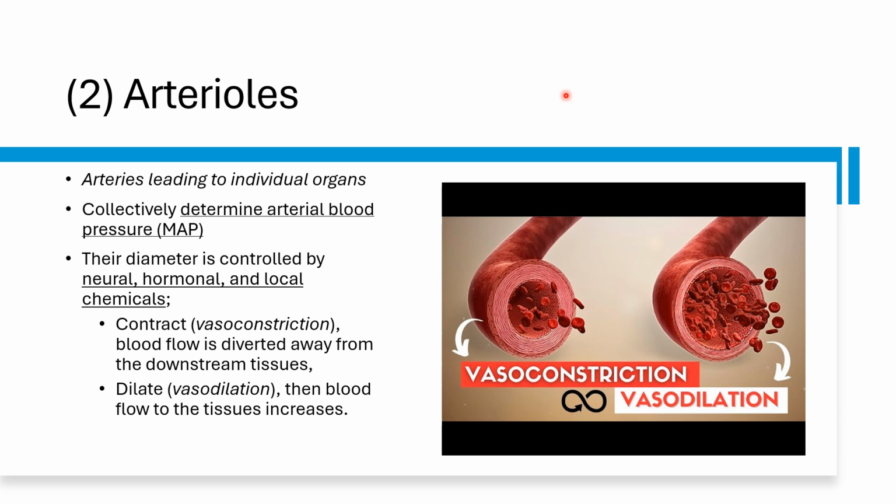Hormones can control whether an arteriole is wide open or narrowed. And then there are also some local chemicals, when you need an immediate response, that can also constrict or dilate the blood vessels to respond to any kind of issue that might be going on in the body.